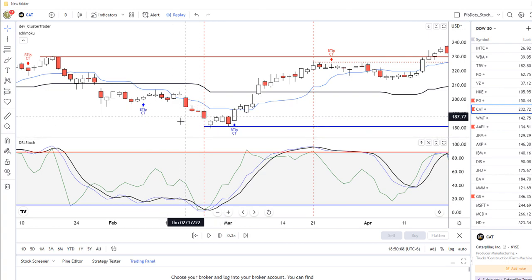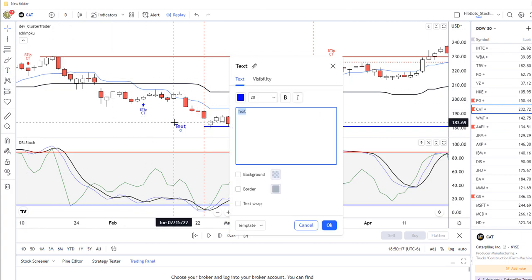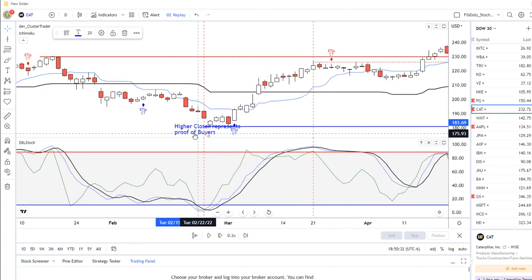We're at our 382 Fibonacci retracement level, and then this is a higher close. So that higher close represents proof of buyers. Okay? Proof of buyers.